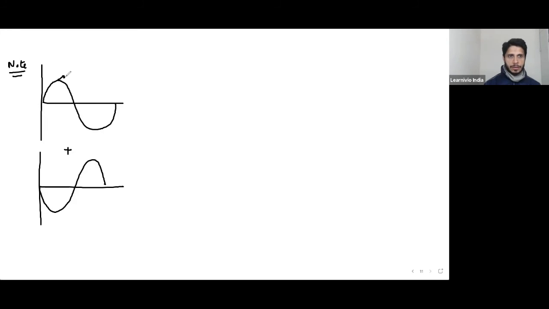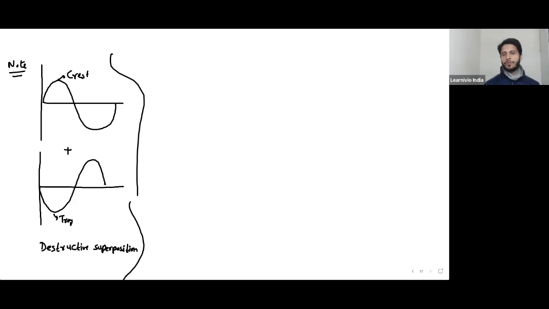See, the crest of one wave will fall on the trough of another. So these two waves will get subtracted. This is an example of destructive superposition. This is destructive, not constructive superposition.